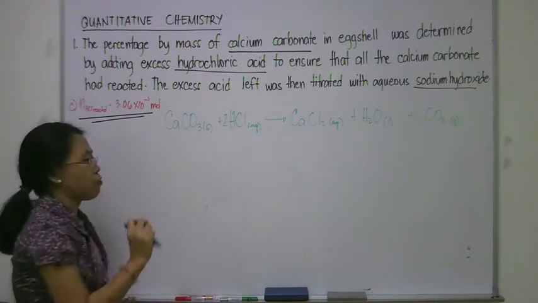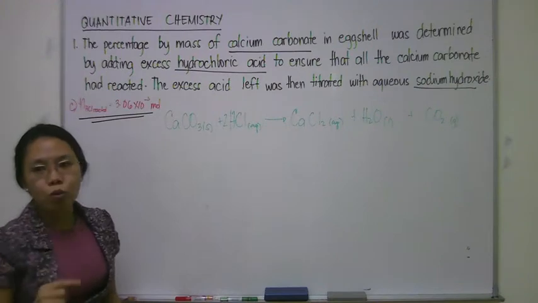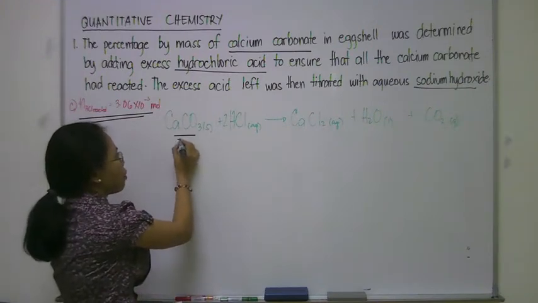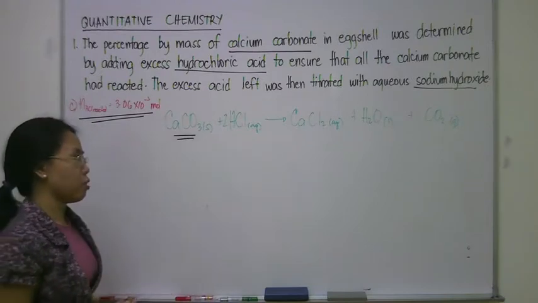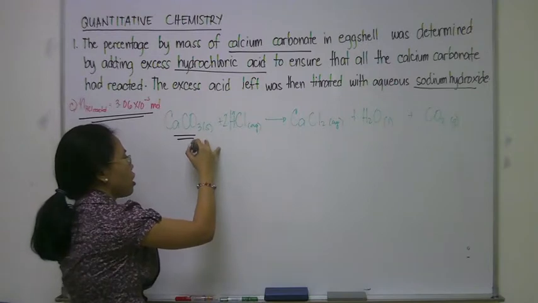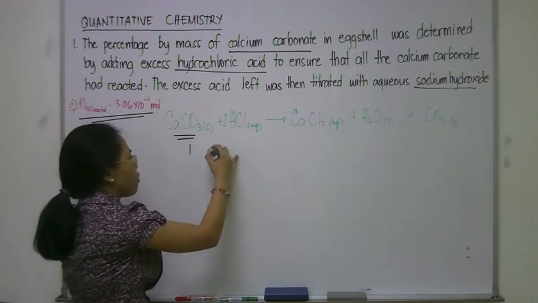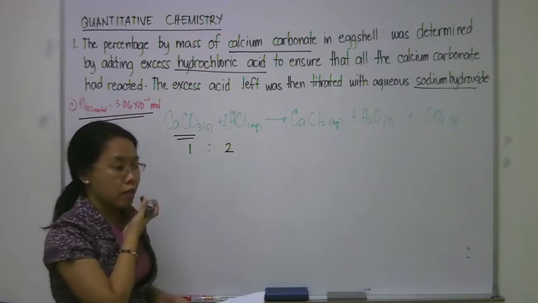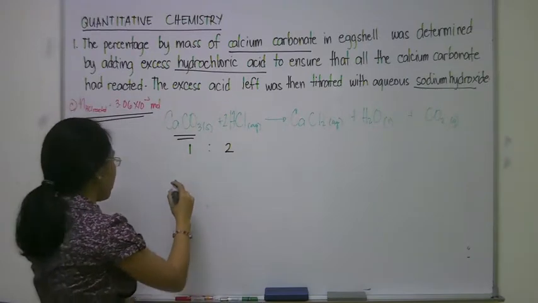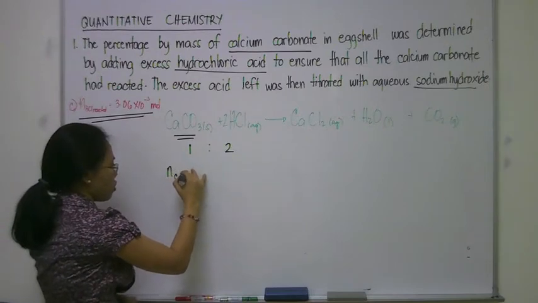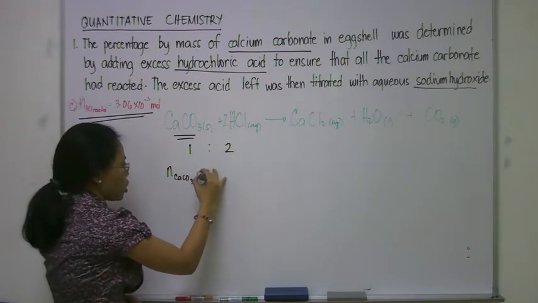Based on these 2 pieces of information, we can calculate the amount of calcium carbonate reacted with HCl. We know that for every 1 mole of calcium carbonate, 2 moles of HCl is needed.